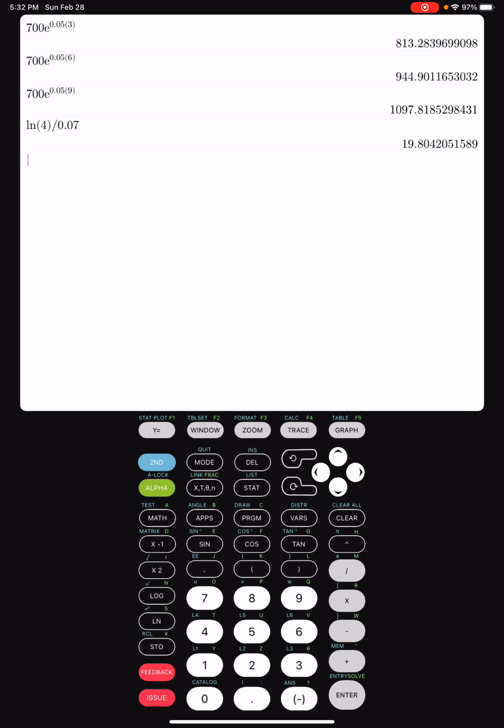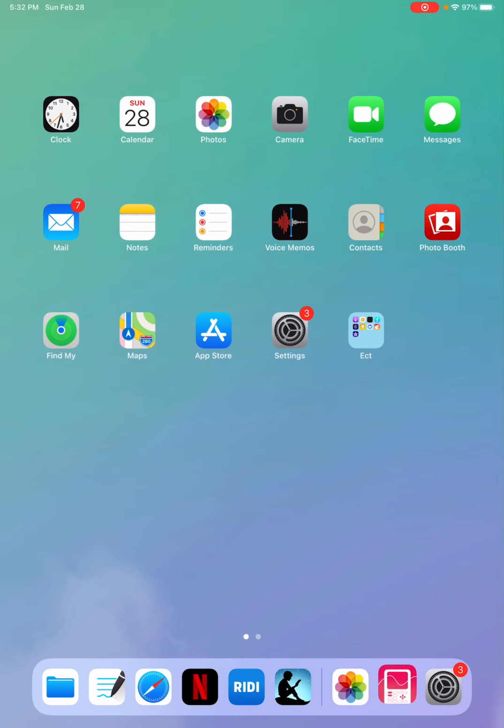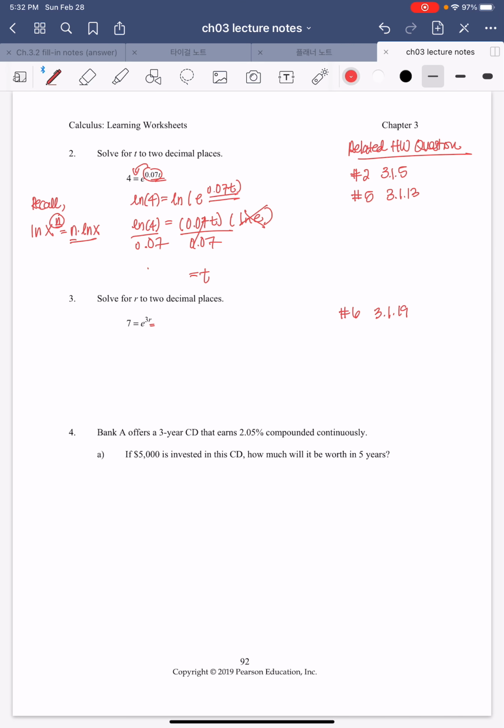Rounding to 2 decimal places, it looks like I'm gonna have 19.80 years, almost 20 years. Okay. So this time we use the same formula as number 1, but we solve for the letter T.